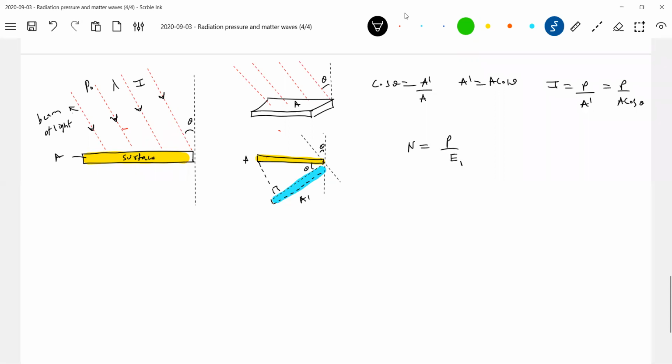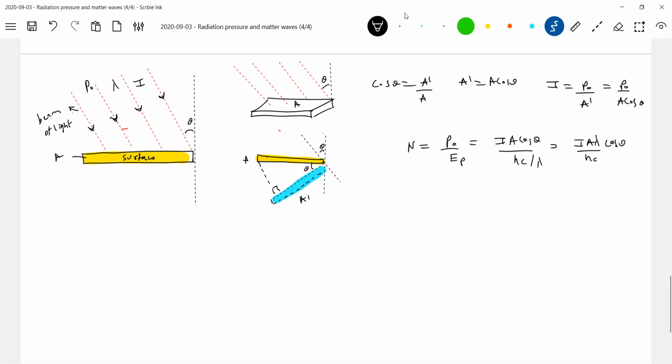Power by energy of photon. What is the power? Power we should write as P naught. P naught should be equal to I A cos theta. So the number of photons is I A cos theta times lambda by hc.